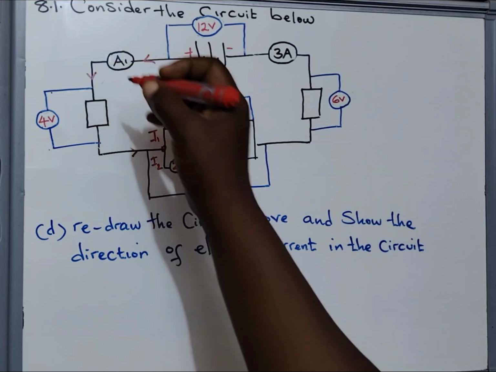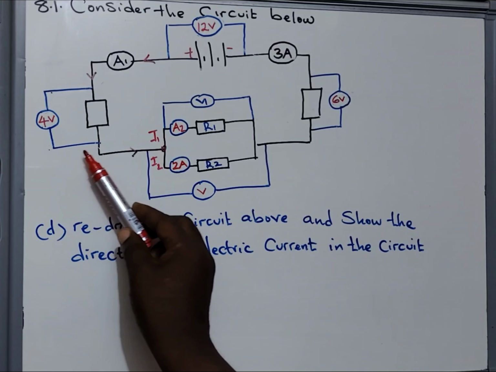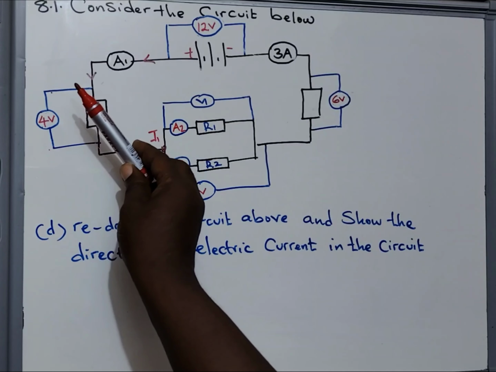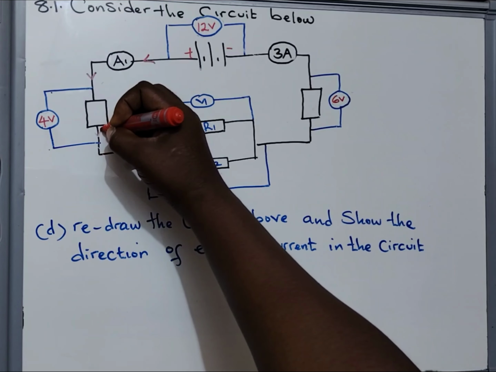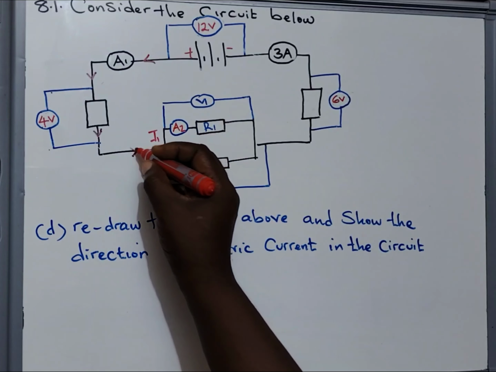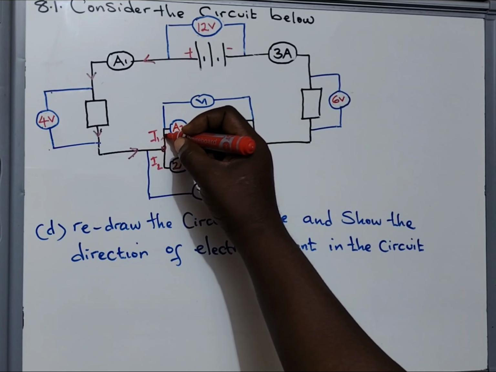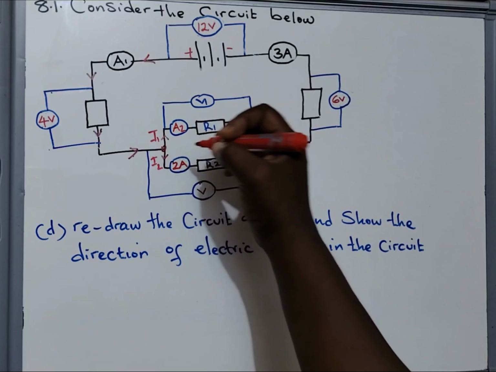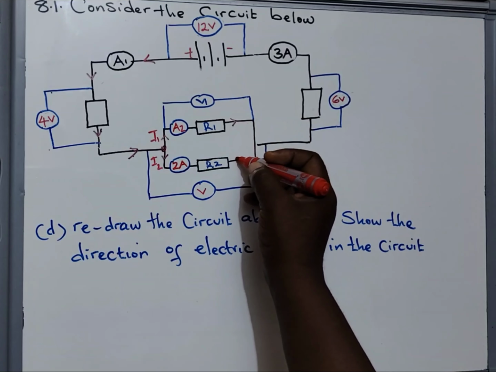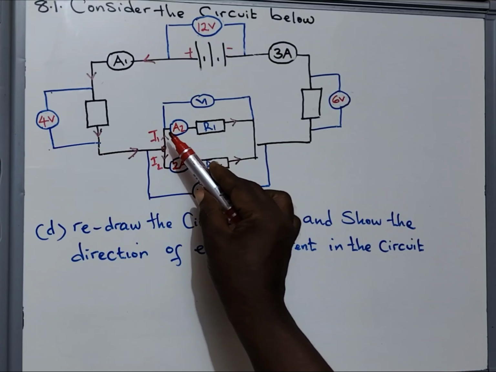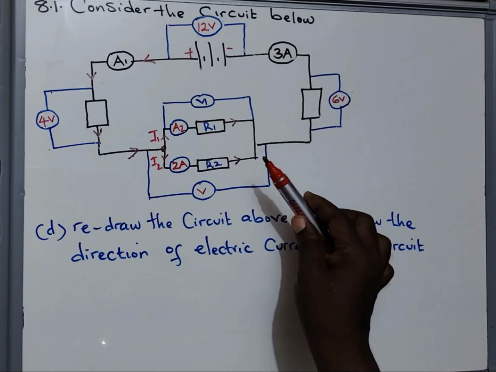and it comes down. We need to know that no electric current passes through the voltmeter, ideally, because the voltmeter has infinite resistance. So our current will proceed. It comes here. When it reaches here, what happens? It divides. Part goes there and part comes here. And here and here, no current passes through the voltmeters for the same reason.